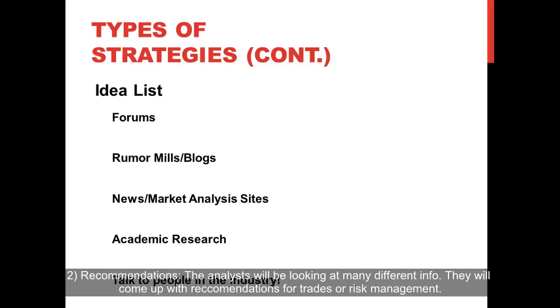The second kind of information is recommendations by the analyst. The analyst will be looking at many different pieces of information, and they themselves will come up with what they feel is a recommendation for a trade idea or for risk management purposes.